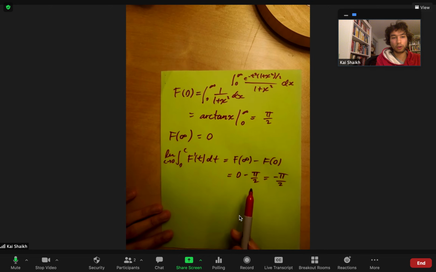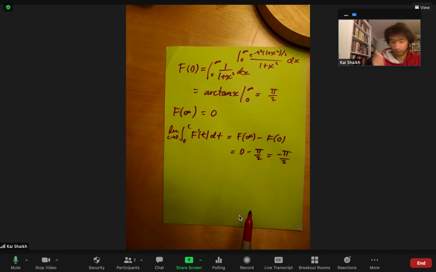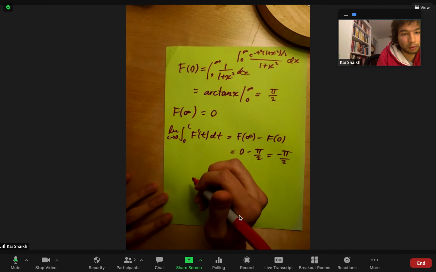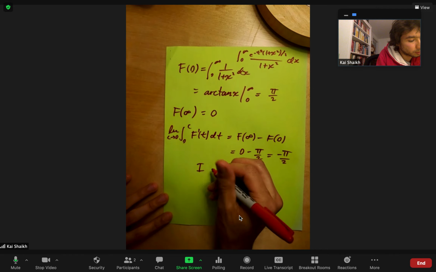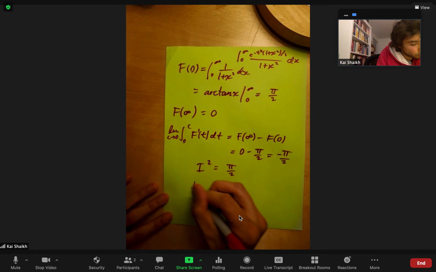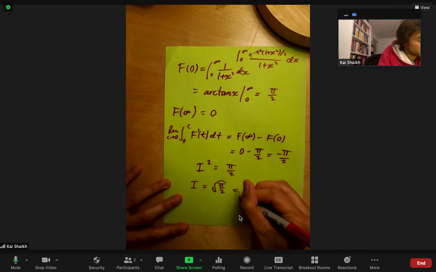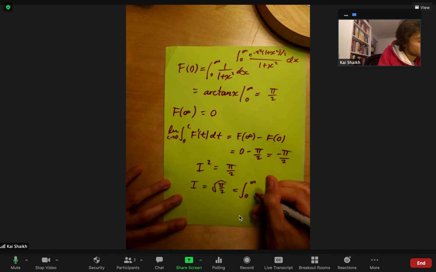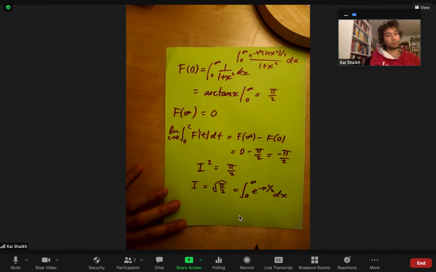But we also showed that this was equal to negative the integral we're interested in, squared. Canceling the signs, we get that I squared equals pi over 2, or I equals the square root of pi over 2. And recall that I was just our Gaussian integral of e to the negative x squared over 2 dx.